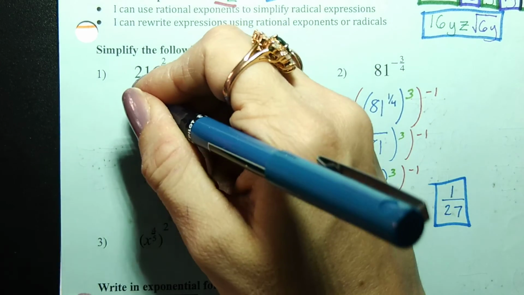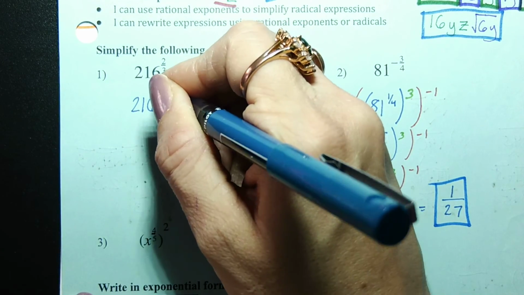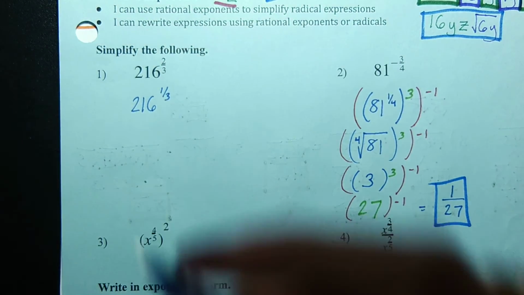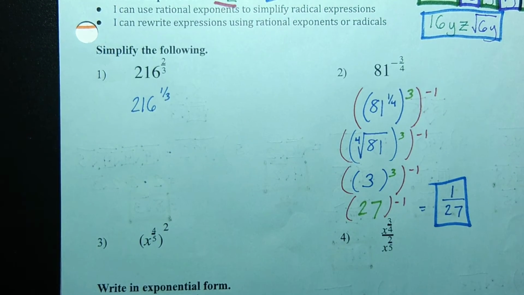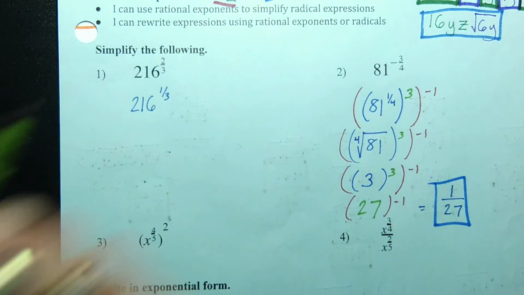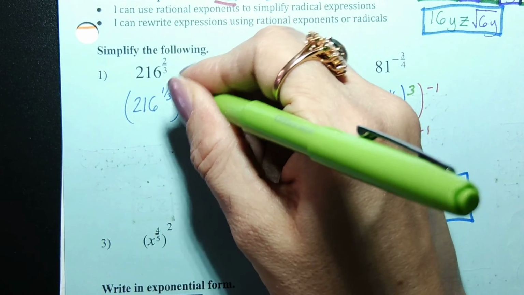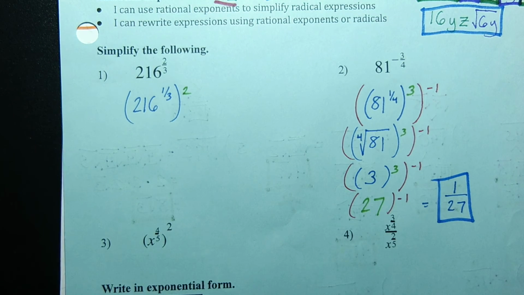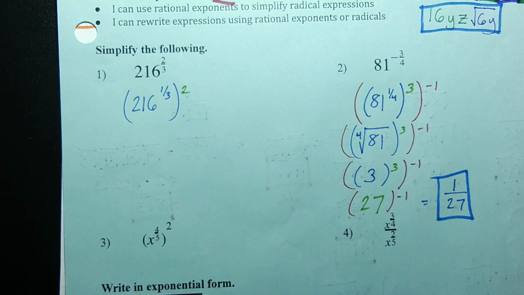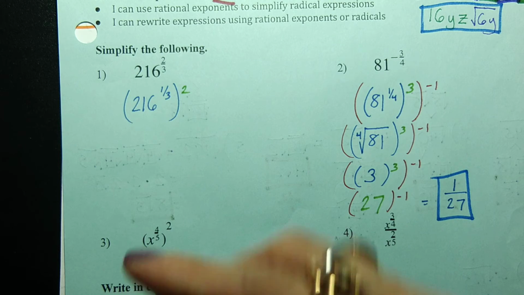What did you use for the root power? The 1/3. What did you use for the other power? We're raising it to the second. And again, could we flip those powers around and say 216 squared and then to the 1/3 power? Yeah, but we don't want to get that giant number we'd get when we square 216. So taking the root first is the way to go.